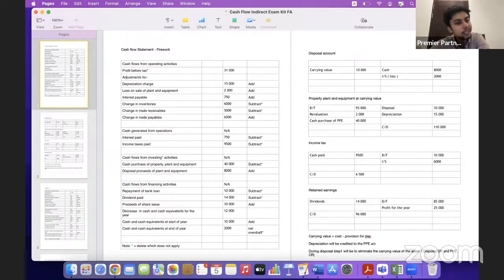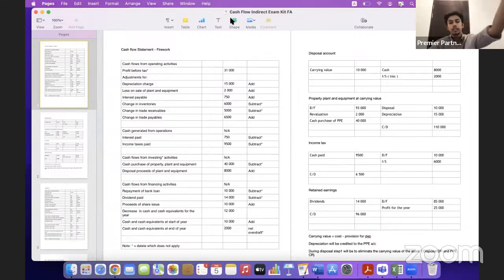So most likely 1 question would come from consolidation. The other question, we don't know from which area it will come. It can come from a financial statement, or it can come from a cash flow statement. And if it does come on a cash flow statement, then definitely the question is going to come from the indirect method only.